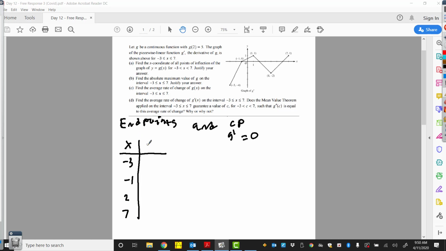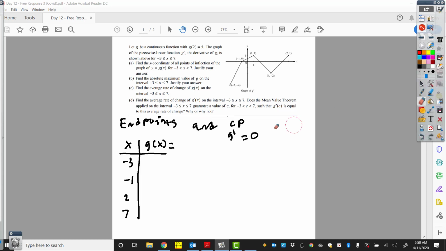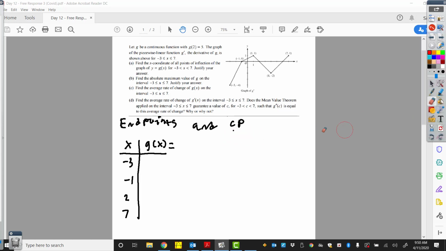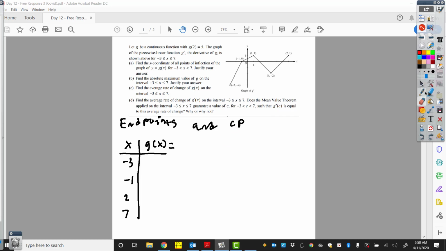And then we're looking for the absolute maximum, which means we also need to know what the original function's value is. Now, here is the question. How do we set this up? Well, we know that to get g of x from g prime, we need the integral. But there's something else that was told to us that we're going to need. We're going to need our initial condition.